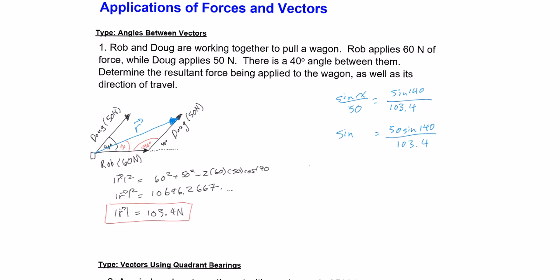So I got sine of X is equal to sine of 140 over 103.4, which approximately is this answer. When we do the inverse, X is 18 degrees.